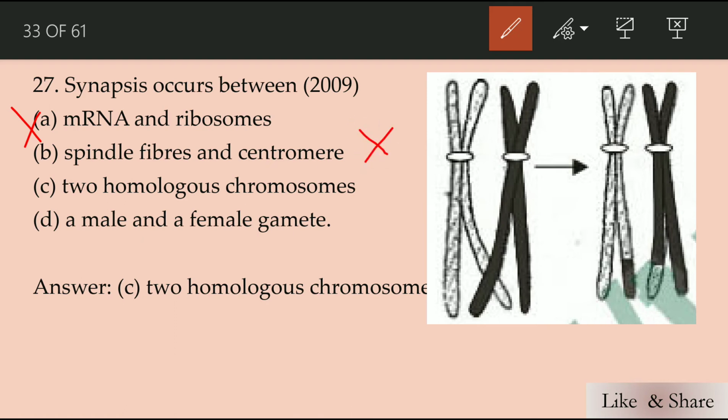Two homologous chromosomes, and the last option, male and female gamete. This is also not the option. The option B is correct because synapsis takes place between the homologous chromosomes. When they come close together, it leads to the formation of chiasma, and after the crossing over takes place, it leads to recombination of chromosome parts. The option B is correct.